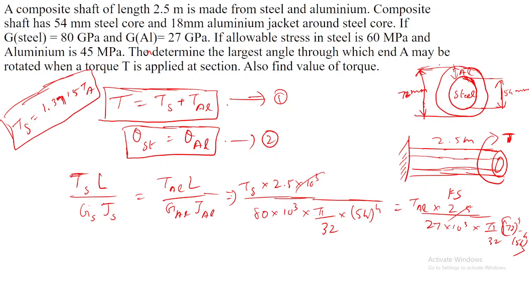Yes. See, if there is some ambiguity, they will be mentioning the diagram as well. They will be mentioning this outer diameter. So this is actually given in the question.